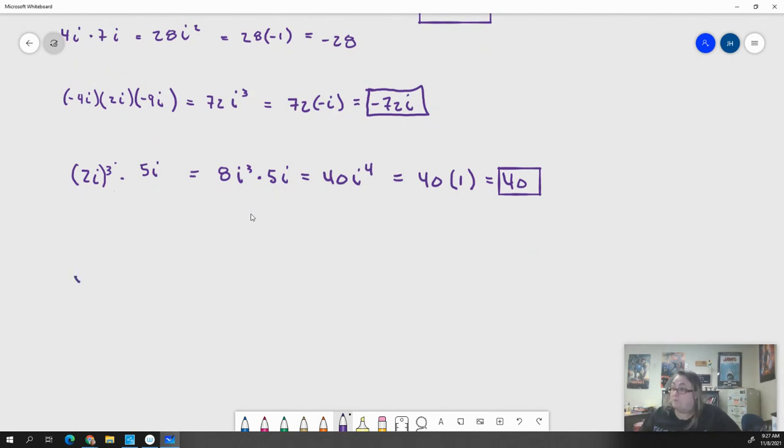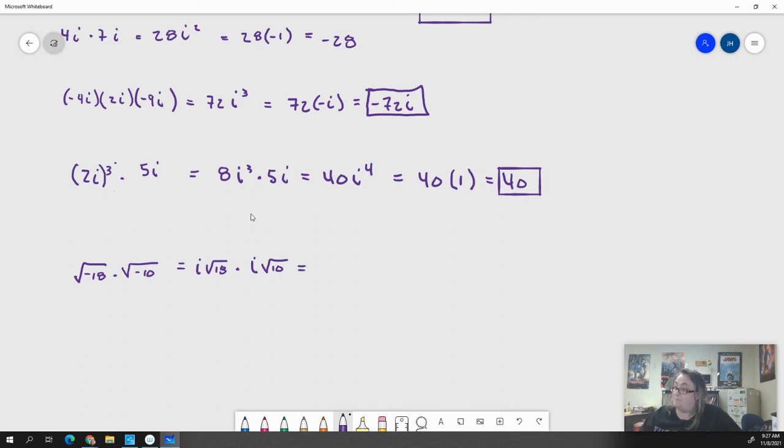If I have the square root of negative 18 times the square root of negative 10, what happens when I multiply those together? I'm going to have i times the square root of 18 times i times the square root of 10.